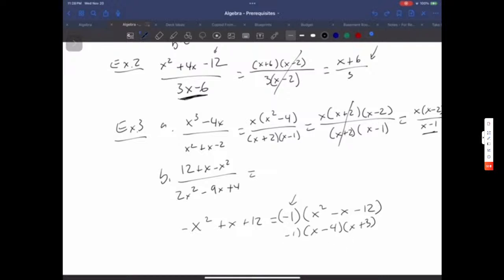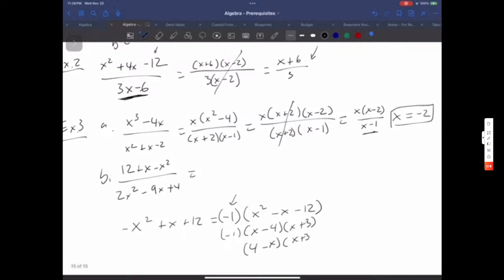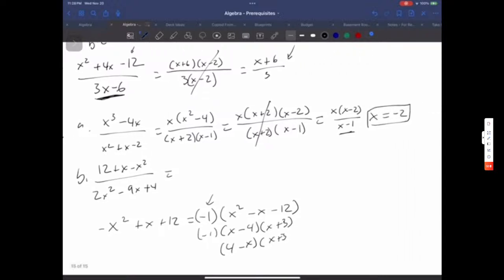So we'll write that as 4 minus x instead of x minus 4. So that's going to be the top. And in fact, the way he writes it is minus x minus 4, x plus 3.